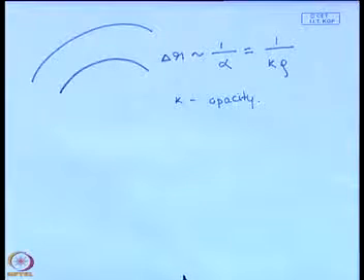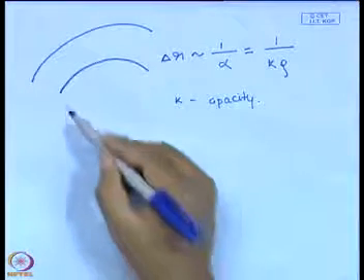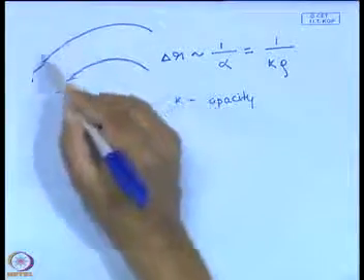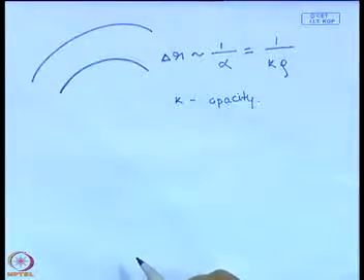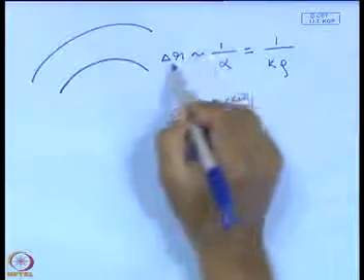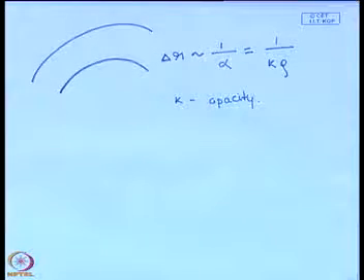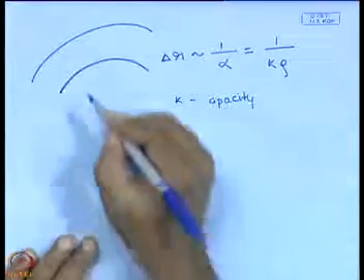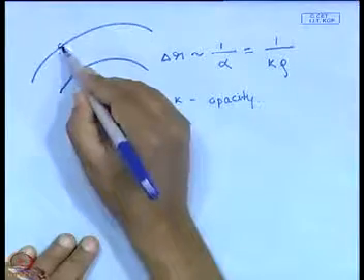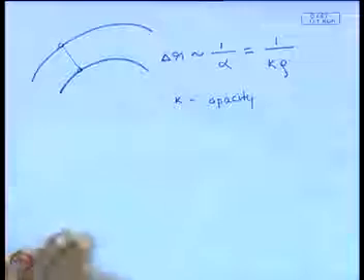So, let us consider two regions, two shells, a shell of thickness delta r, which is of the order of the mean free path inside the star. So, you can think of the photon essentially propagating from here to here and then getting absorbed or scattered.